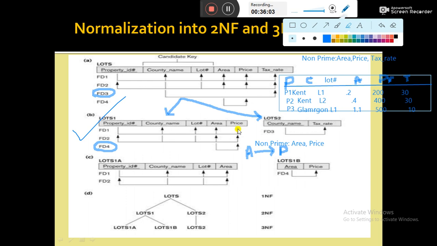So what we can write is property ID arrow price.